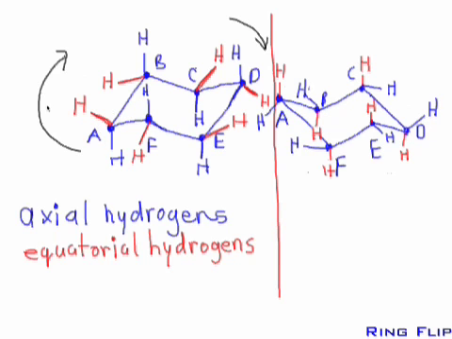And when you do this tilting, lifting of A and pushing down of D, it's called a ring flip. And you're causing what is called a conformational change. Now, it turns out at room temperature, cyclohexane rings are ring flipping like crazy. So if you were to analyze the structure of cyclohexane, you'd only see one type of hydrogen because on average the reds become the blues and the blues become the reds.